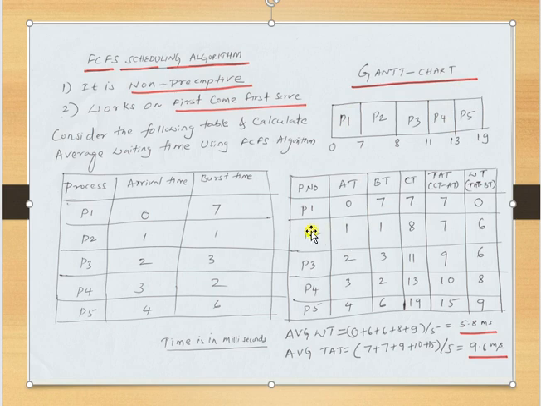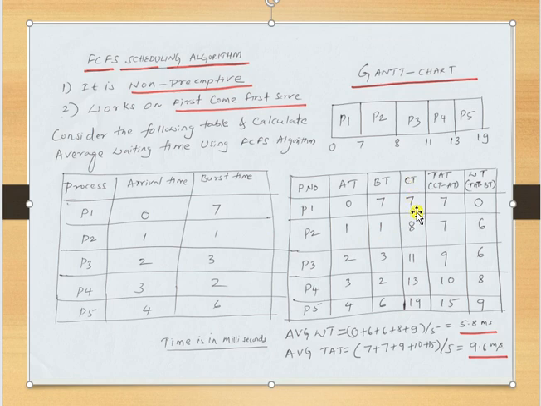Now, let us find out completion time, turnaround time and waiting time. In the first column, all the processes are mentioned, and the arrival times and burst times are mentioned as per the given table. Now, you have to find the completion time. How to find it?